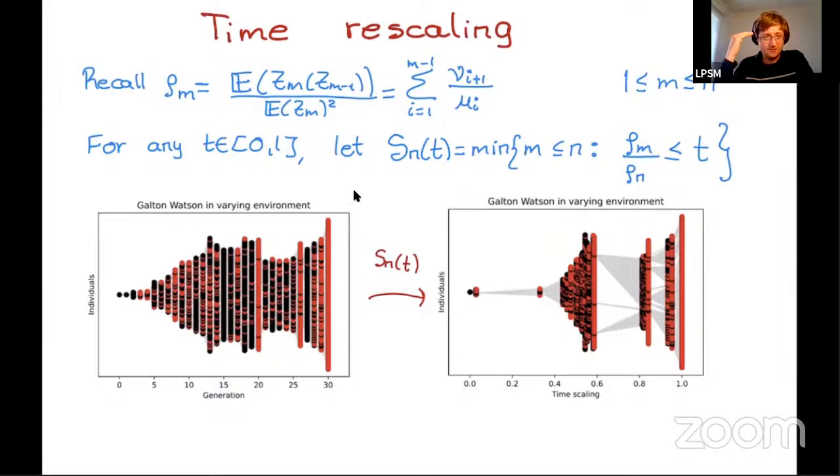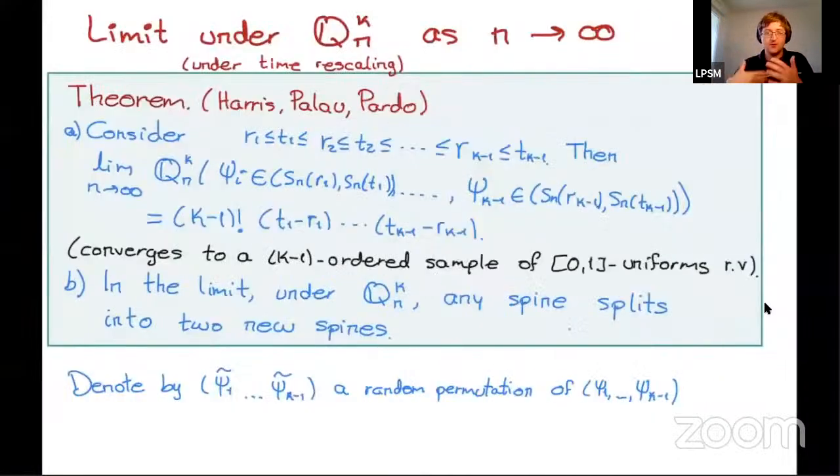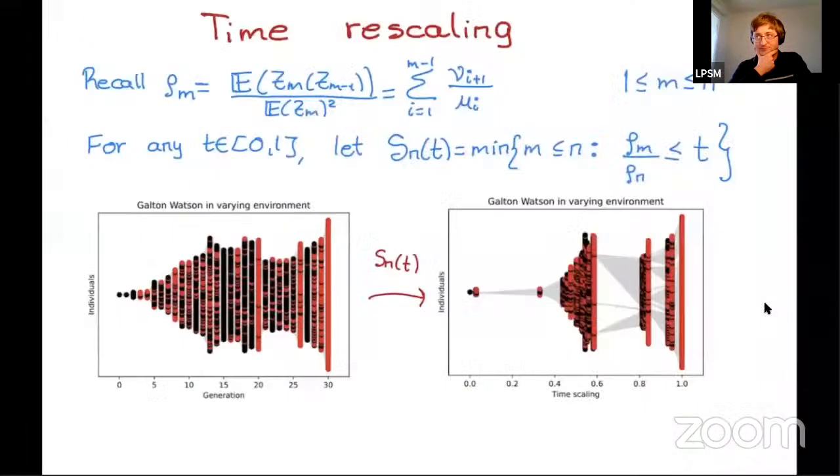Anthony, I was asking you about the case where you don't have those polynomial moments. In that situation, does the result still hold that you have a uniform-like tree in the end, or can you expect different distributions of the times at which the spine splits?